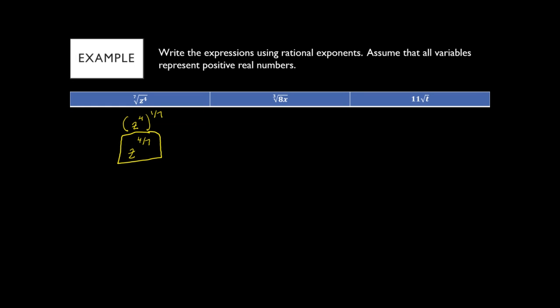In the middle, I have the cubed root of 8x. So I'm going to have 8x, and then I'm converting the cubed root to a 1/3 power. And we could just leave it like that, but we should try to simplify. So 8 is written as 2 cubed. So we have 2 cubed, and then x, and then the 1/3 power.